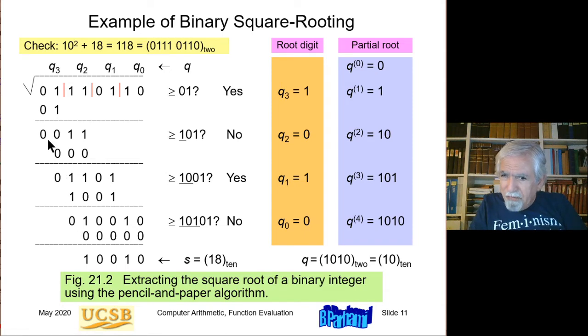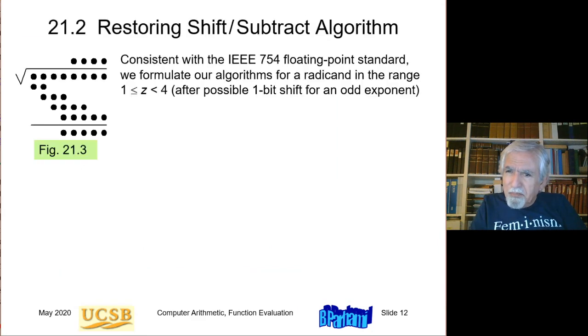Therefore, instead of right shifting the next value by 1 bit, I can left shift the previous result, the partial remainder, to the left by 1 bit for proper alignment with the next value to be subtracted.